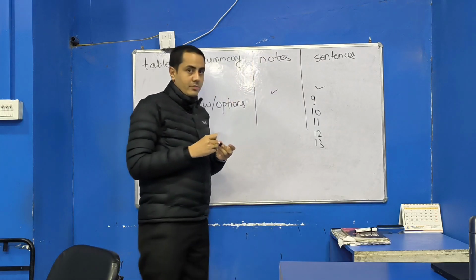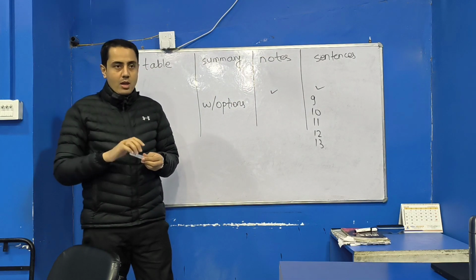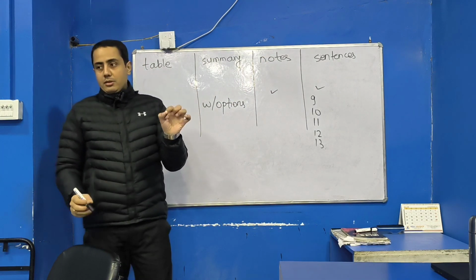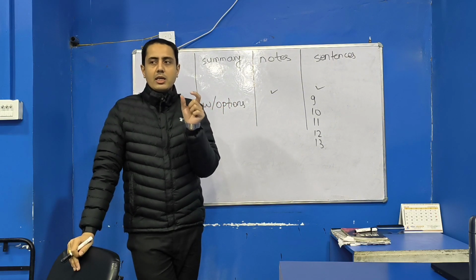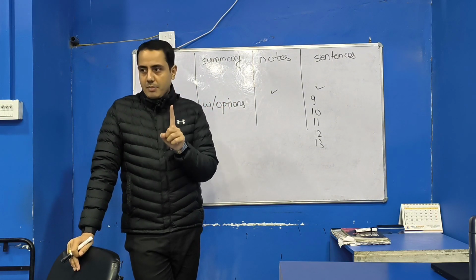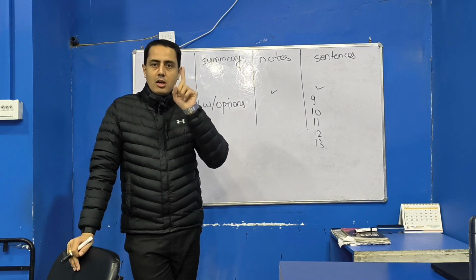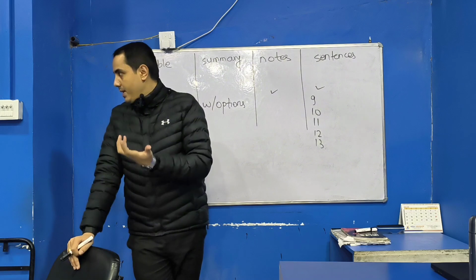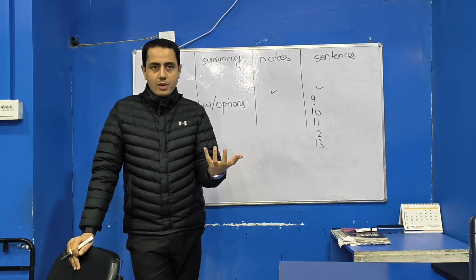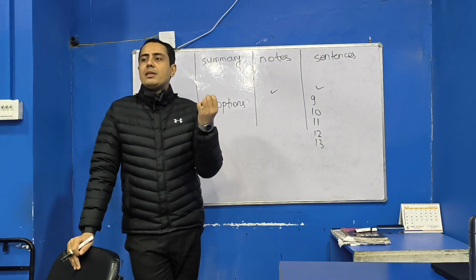For these questions, each question or most questions give you a keyword. A keyword means a proper name or a number. Remember that. A proper name means names of places or names of people which start with a capital letter.